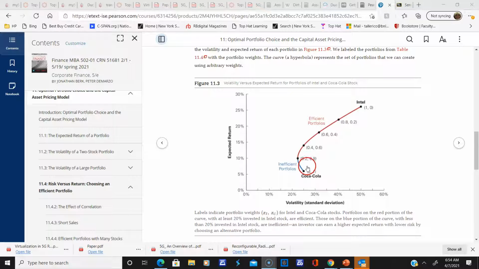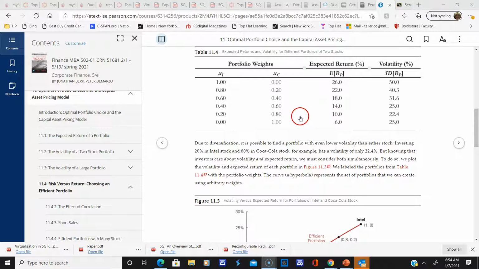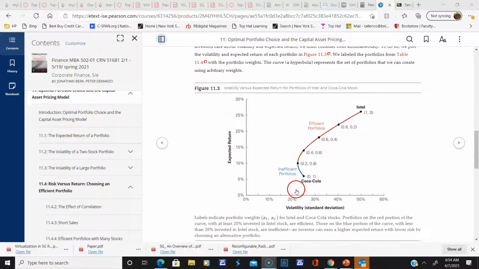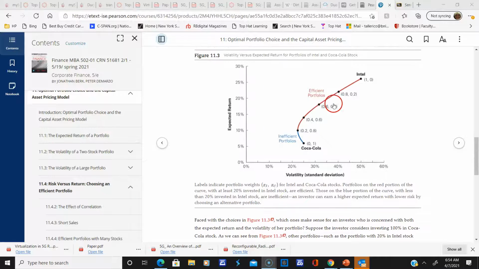Anything on the blue is inefficient, because you're getting more volatility and less return here. So in this case, when we had 80% Coke, from that point on, anything along here is efficient enough to get an expected return, but again, at the cost of more volatility.